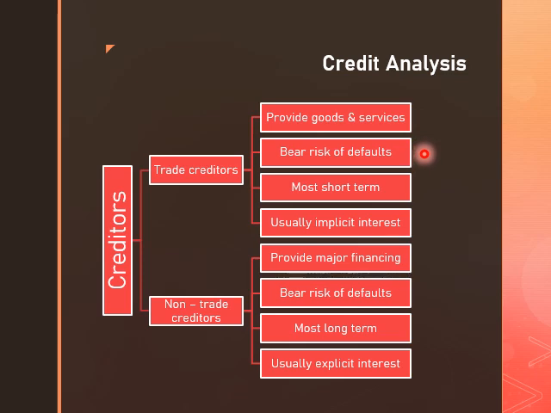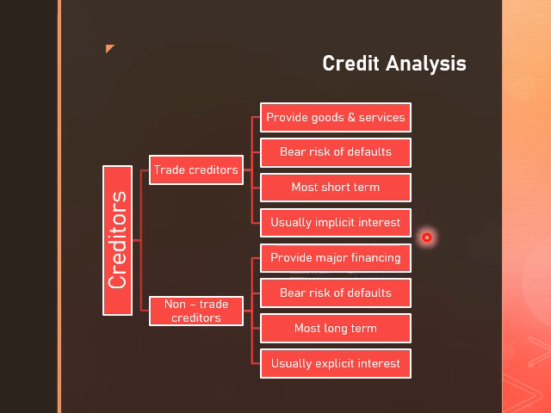Risk of default means that the risk that the company would not be able to pay back its goods or services yang dia dah beli lah, dia dah guna. And next one, untuk trade creditor, it is mostly short term, biasanya within 1 year, and it is usually implicit interest. Maksudnya masa dia bagi hutang tu, dia tentukan kadar interest kepada barang-barang tu.